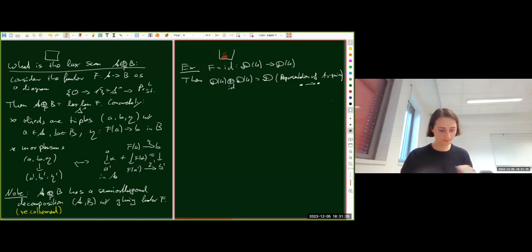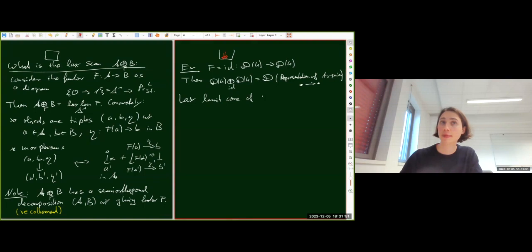And what I should maybe also tell you is what the Lax cone is of this direct sum, because I claimed this is the concrete description of the Lax limit. So we should be able to write down this universal cone, and this looks as follows.